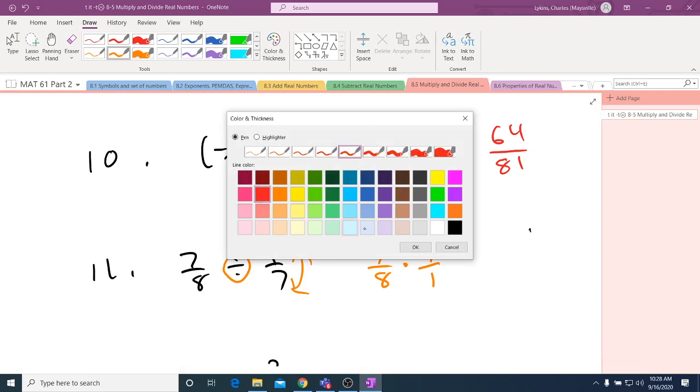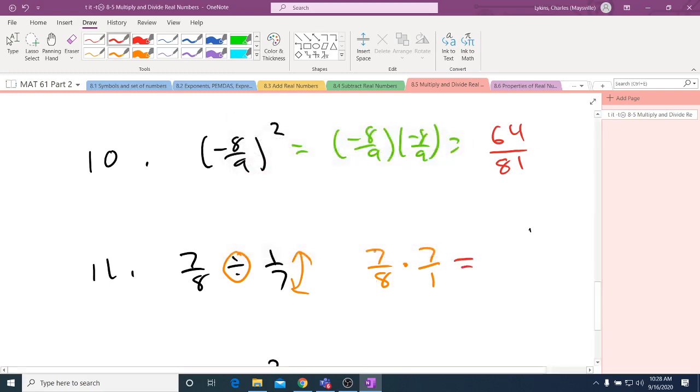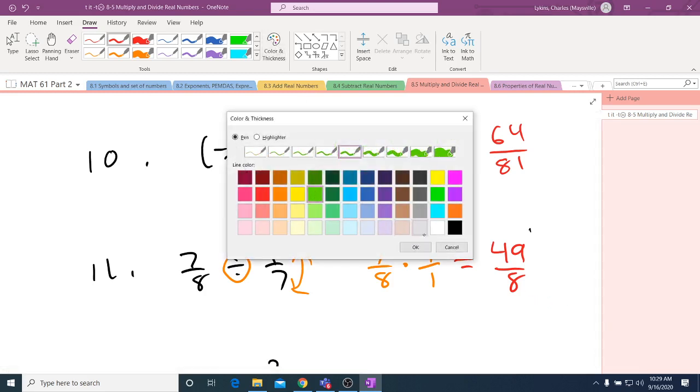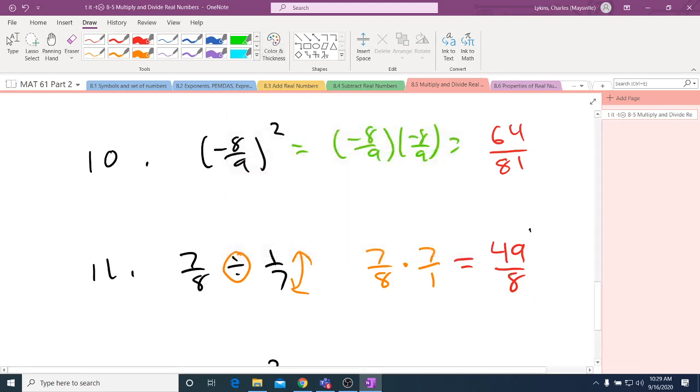So now I cannot see anything to reduce, like 7 and 1, and 7 and 8. So I'm going to multiply this across and say that's 49 over 8. Now if it's asking you to put it in a mixed number, how many times does 8 go into 49? 6 times, with 1 remaining over the denominator, which is 8.